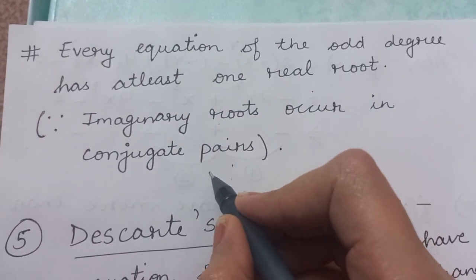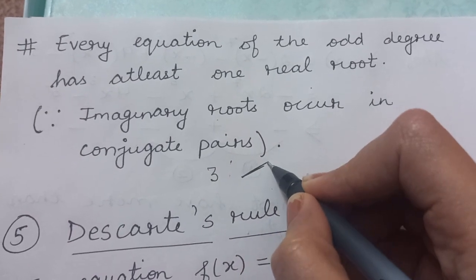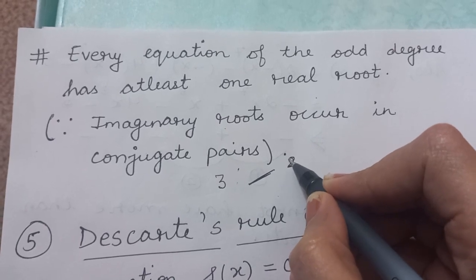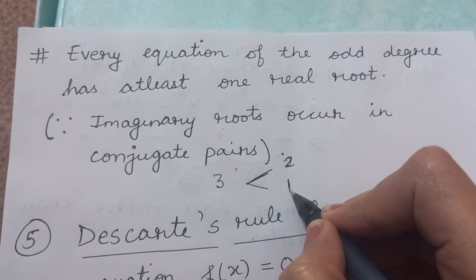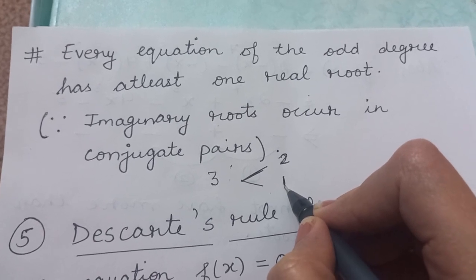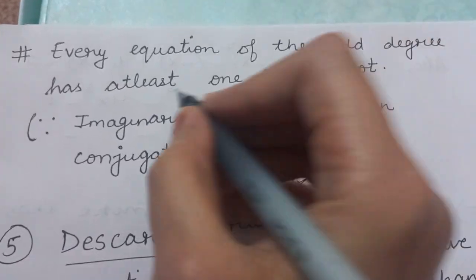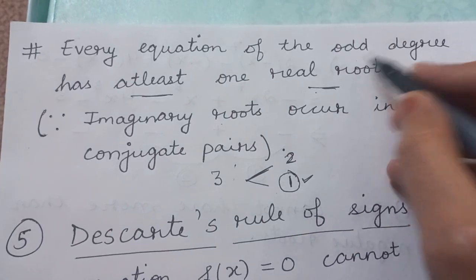Like if the degree is 3, there is a possibility of imaginary roots occurring, that will be 2. So if there are two imaginary roots, the single one that is left cannot be imaginary, as the imaginary roots always come in pairs, right? So this one will always be a real root. So that's why it is said that there is at least one real root in case of odd degree.